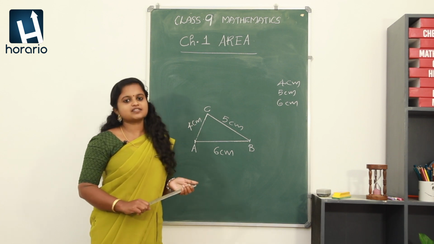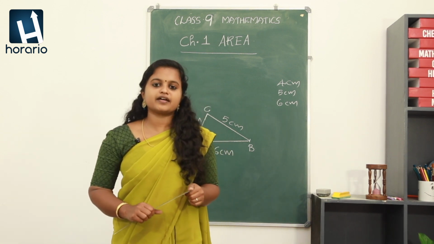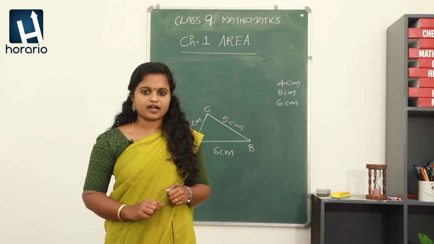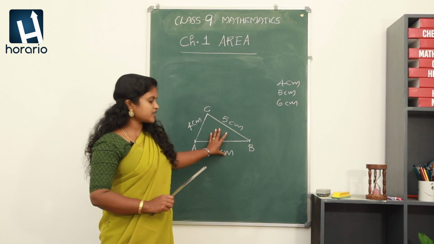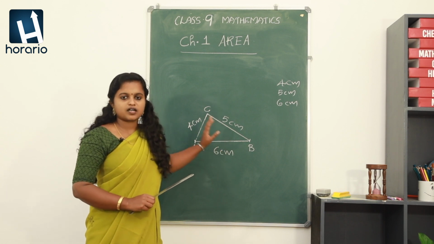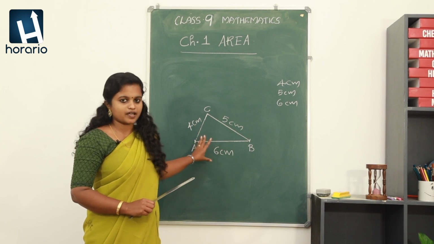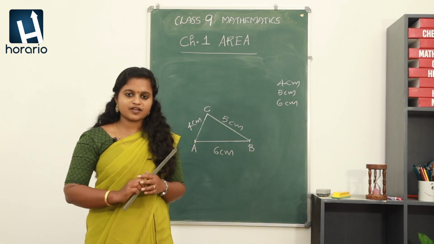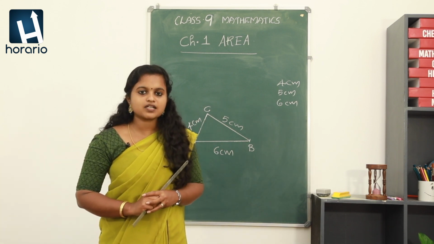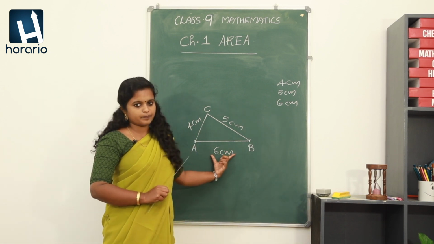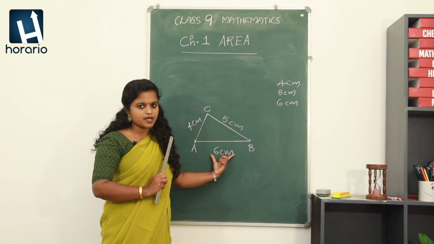Now the question is, can you draw a triangle having the same base and same area? This triangle will have an area, right? I am not telling you to calculate the area. You don't want to find the area numerically, but using the concept that we have just learned, you can construct a triangle having the same base AB. You are not supposed to change the base.